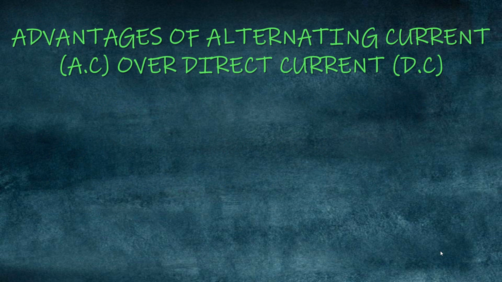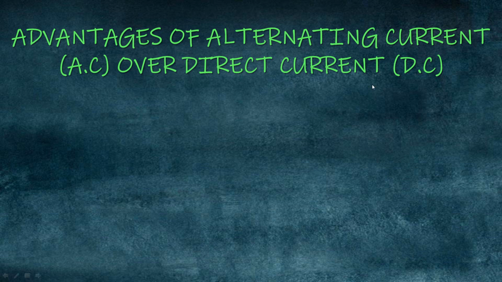Now, we all know that current is in 2 categories. We have alternating current and we have direct current. I just want to look at something here briefly, although there is an area where we're going to explore this in detail. Advantages of alternating current over direct current. I encourage you to check on YouTube for the video called The Current War, the War of the Currents.